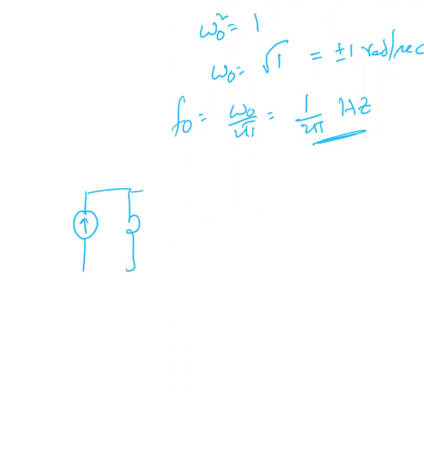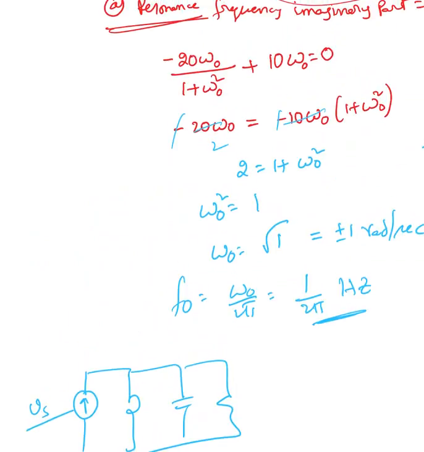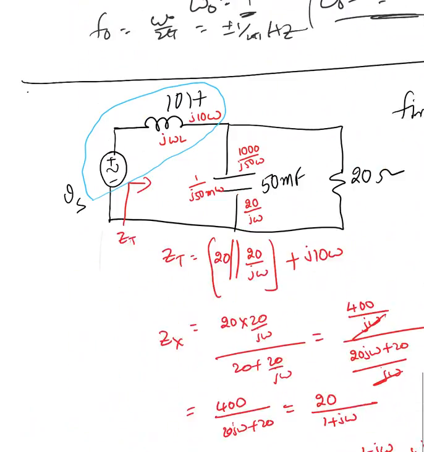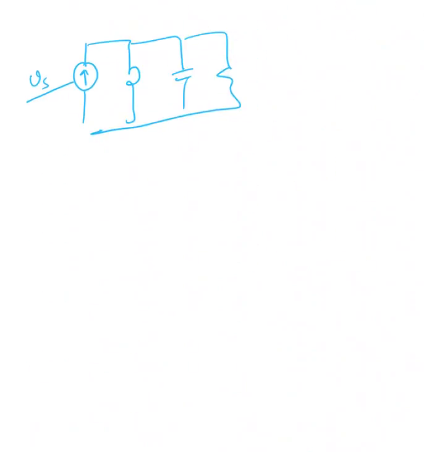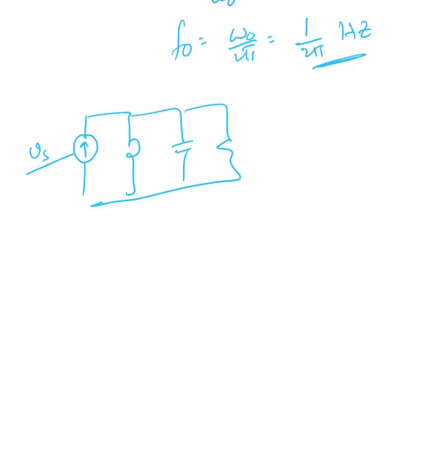So I will end up like this. Now this is not a voltage source, sorry, this is a current source, Vs over whatever that impedance value is, the inductive reactance. The inductive reactance I have is j10 omega, so the current source equals Vs over j10 omega.